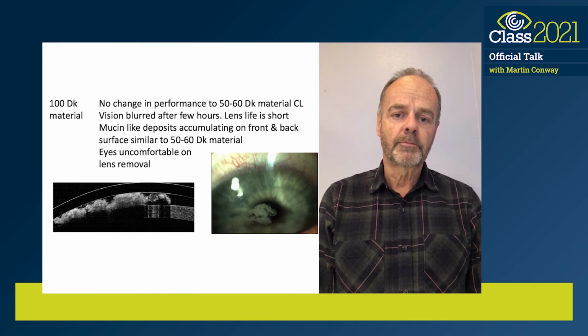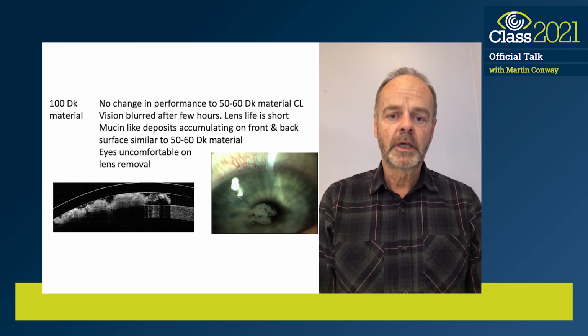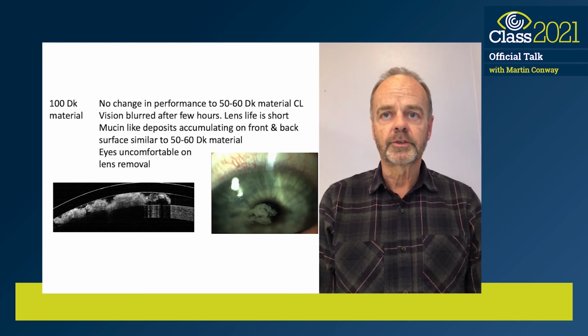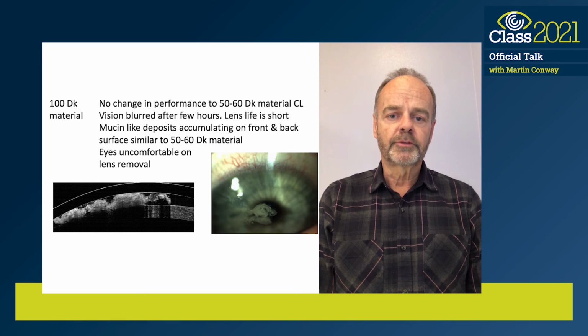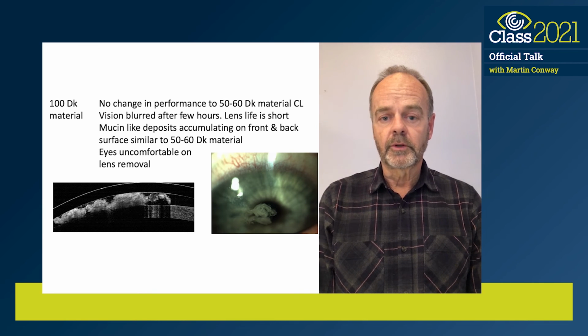Her vision was blurred after a few hours. Lens life was still short, with mucin-like deposits accumulating front and back. All in all, it was pretty much similar to her original material. Her eyes were rather uncomfortable on lens removal.